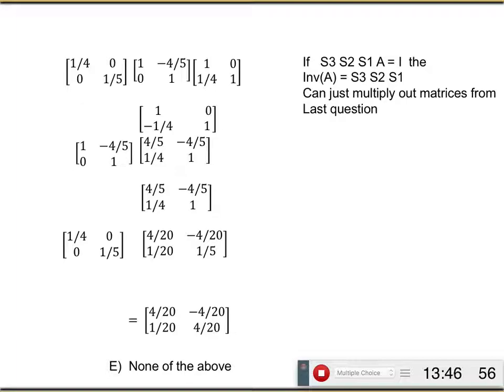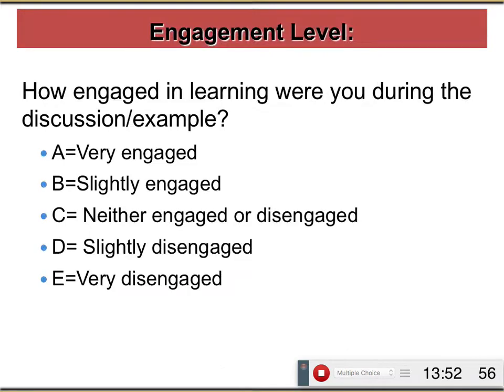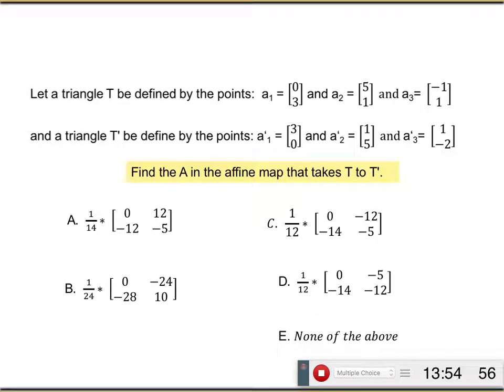Well, this formula is V prime times V inverse. You only have the inverse so far. You still have to multiply that by V prime.